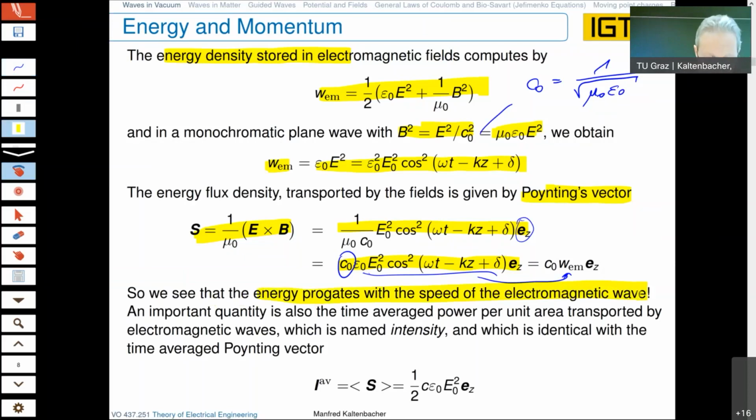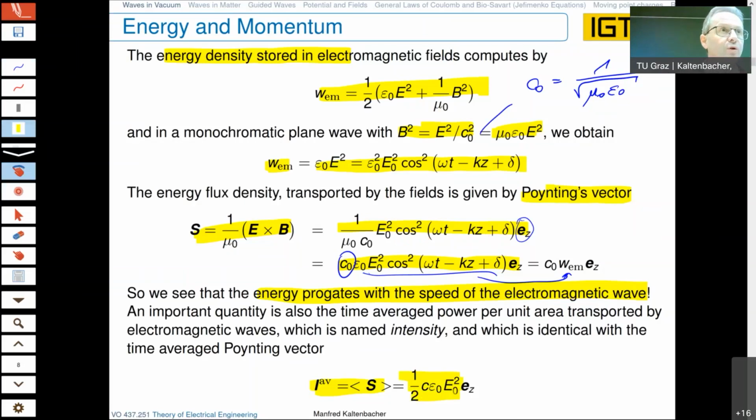Computing the average intensity, which is, as we know, the average of our Poynting vector, will give us time averaging. So it is 1 over the period, integrating over 1 period. We have here an energy density because we have these squares here, and that gives us, as we are used to also in circuits, 1/2 of the amplitude squared.